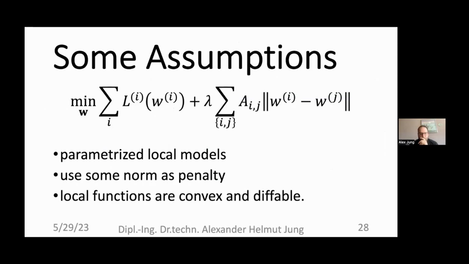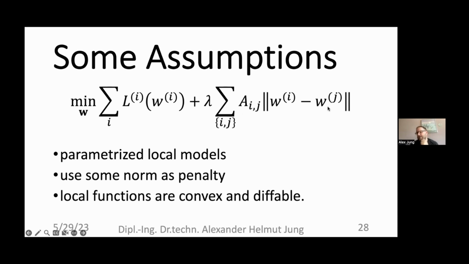Okay, so before I continue with some nice duality results or characterization, I must place some assumptions. Let's say for the sake of exposition, for the next slides, I only consider parameterized local models. So that's why I use the w's again. We have a parameter vector for each local model, and we use some norm as penalty.